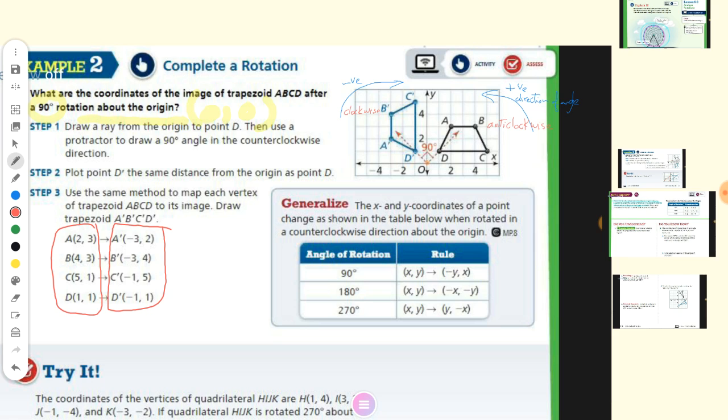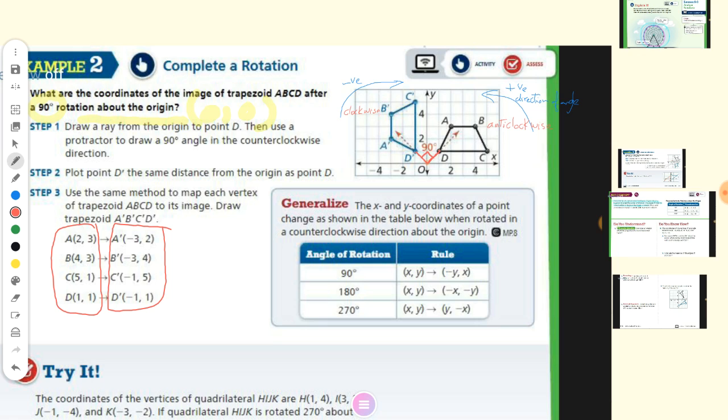Actually, step 2, plot point D dash at the same distance from the origin as D. I told you I want to rotate it 90 degrees. So I will put a 90-degree angle here with this point, because I want to rotate it 90 degrees.